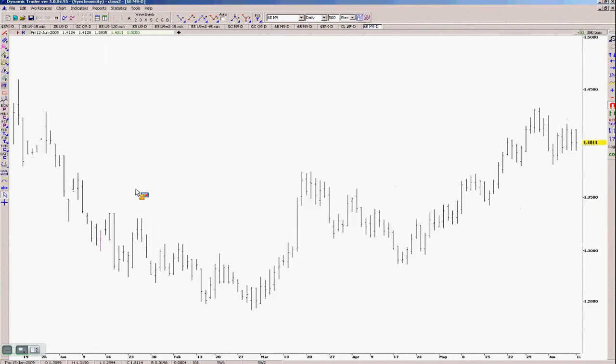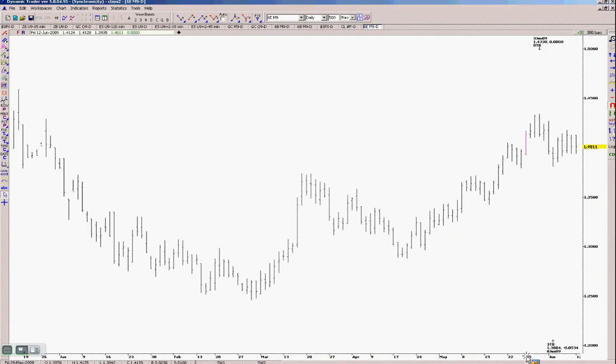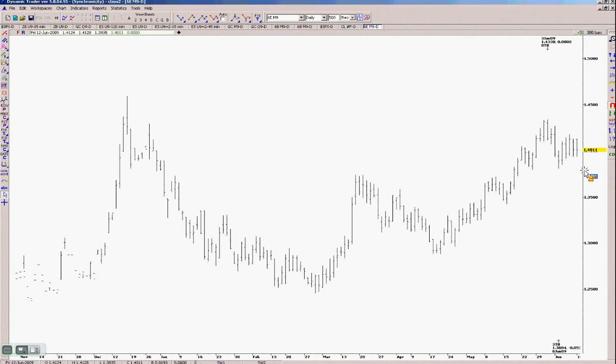Then we had a huge time cluster which came in right around June 2nd to June 3rd, and then we finally had this decline from 143.38 to the 138 area.